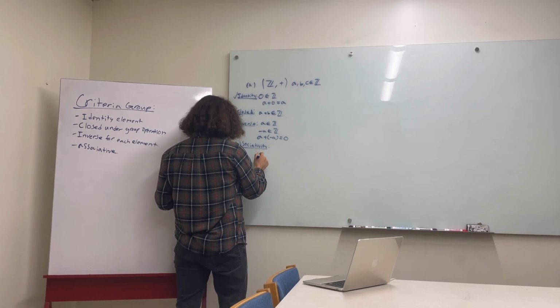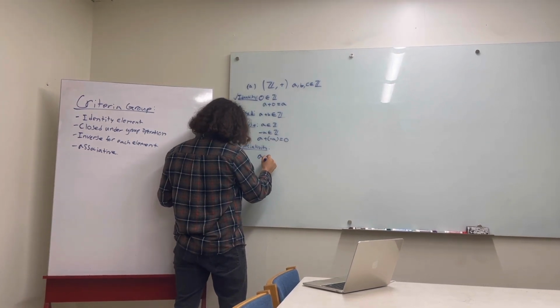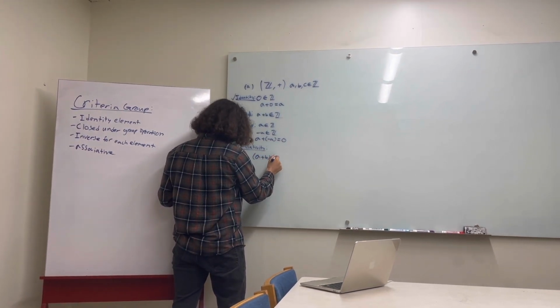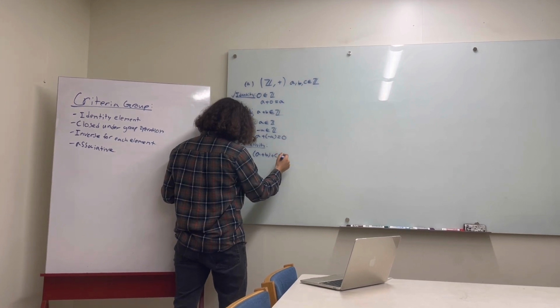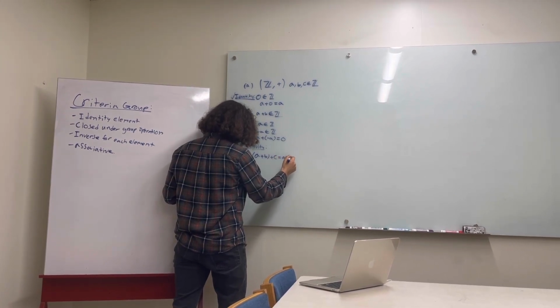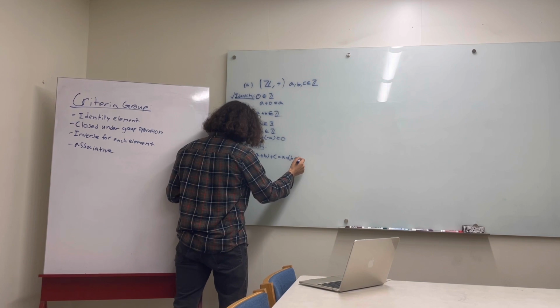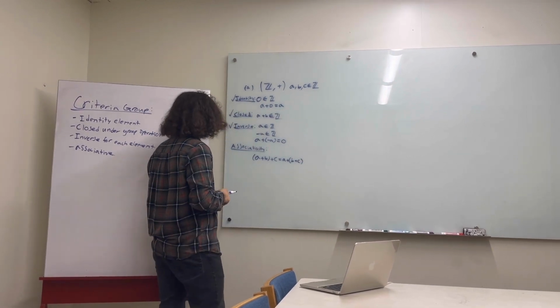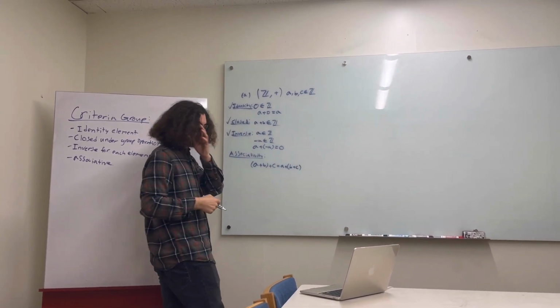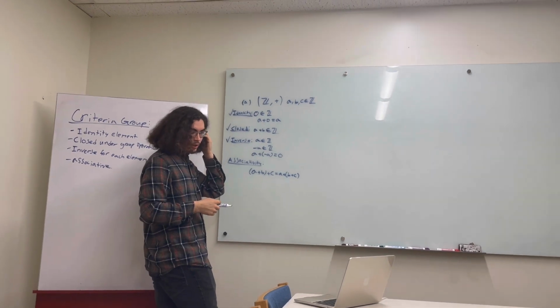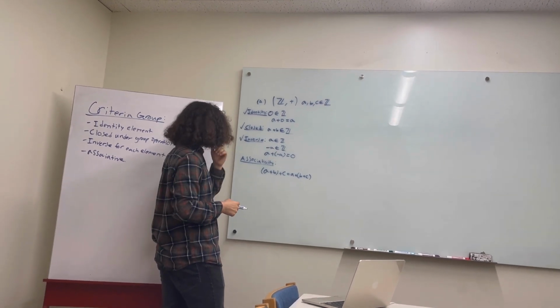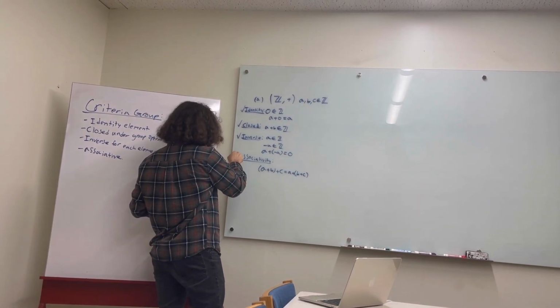That is, (A plus B) plus C is equal to A plus (B plus C), which is just a property that the integers have under addition, as we know. So this would be a group since it satisfies all these 4 criteria.